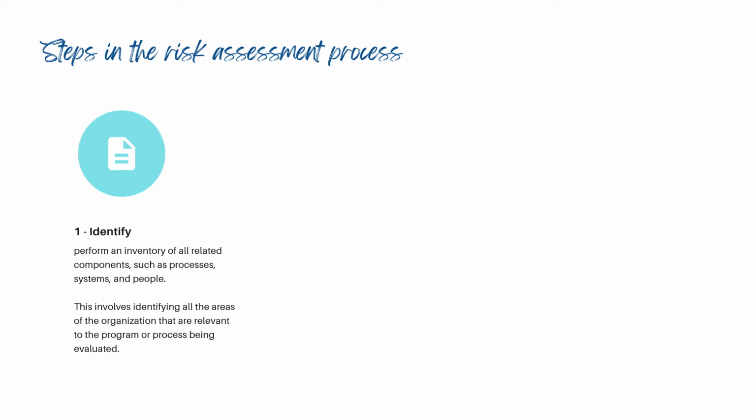Of course, this involves identifying all the areas of the organization that are relevant to the program or process being evaluated. Okay? So, of course, if you are conducting an operational audit of the financial management system, what are the various processes that are related to that?